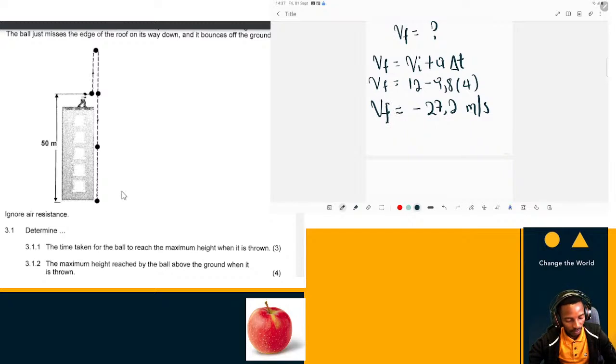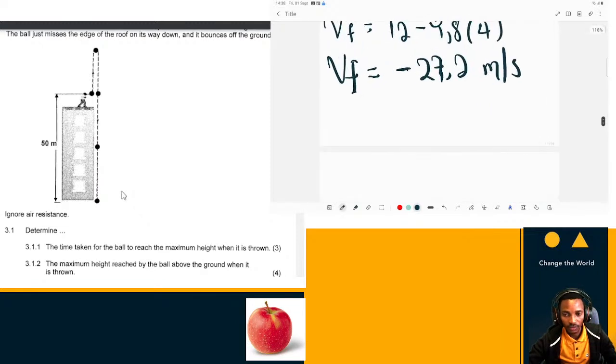That means the ball will be traveling downward after 4 seconds, because when it reaches maximum height, it will have a velocity of 0. Then it will change direction. So it will now start to move downward in the opposite direction. So the velocity will be negative. This negative implies that the direction of the ball is downward.